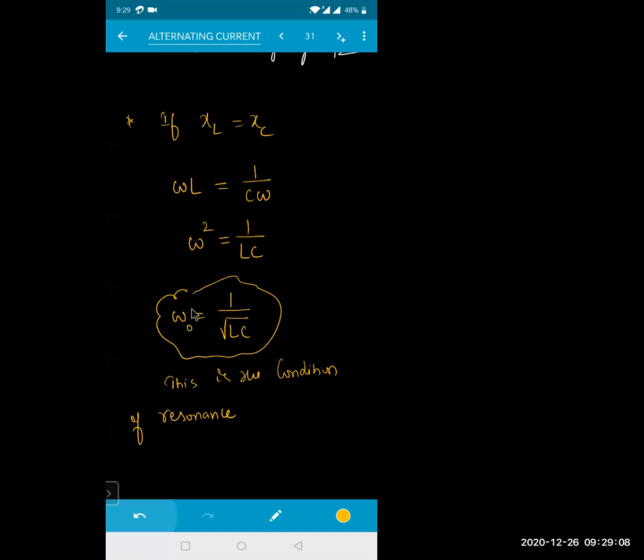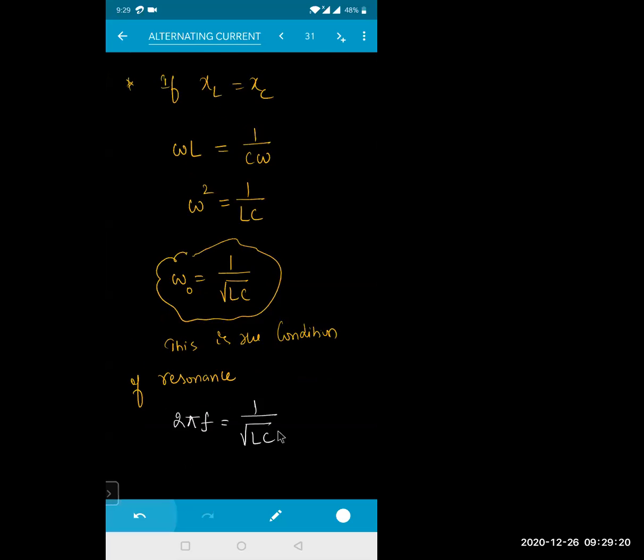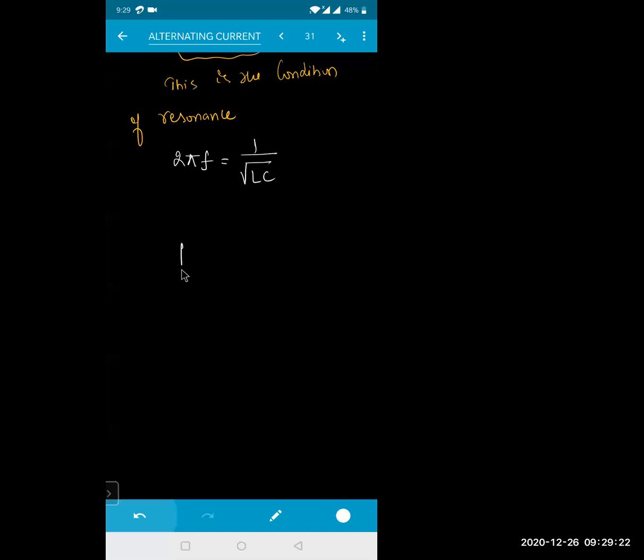So omega naught is known as the resonant frequency. We can write it this way too: omega naught is 2 pi into frequency, equal to 1 by under root of L into C. So the resonant frequency f naught will be equal to 1 by 2 pi into under root of L into C. This frequency is known as the resonant frequency.